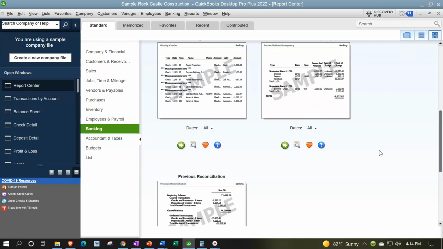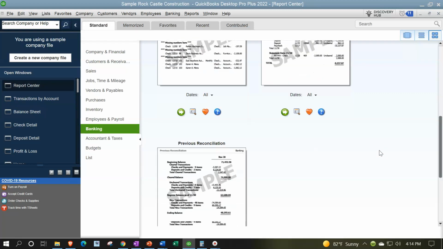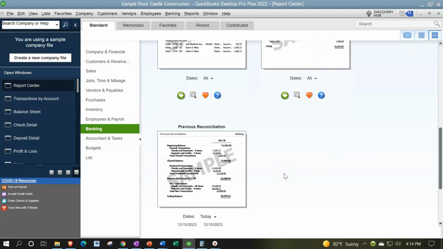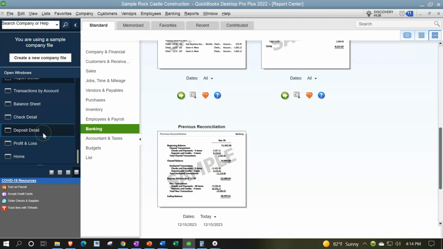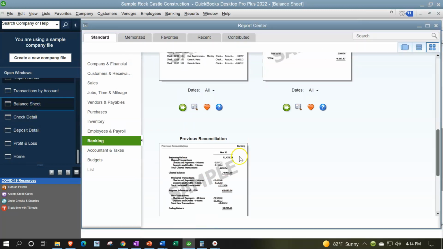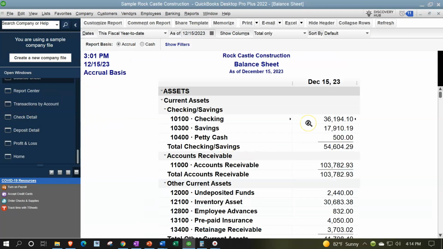Reconciliation discrepancies, that could be with the reconciliation process. And then of course the bank reconciliation, which we'll talk about at a future point, which we started off with. So if you want the detail with regards to the checking account in terms of the balance sheet, then we will double verify this checking account balance with the reconciliation and internal control.